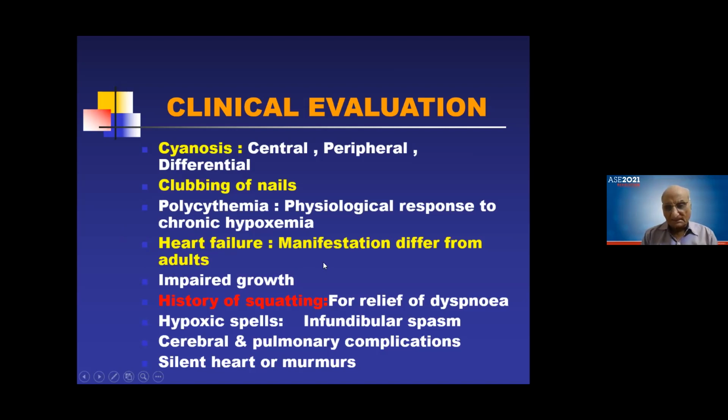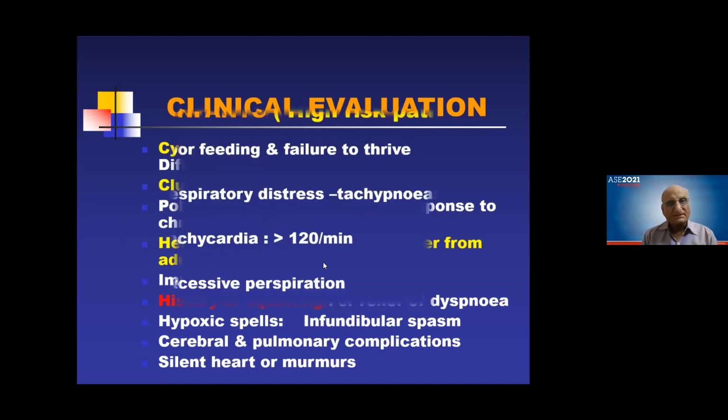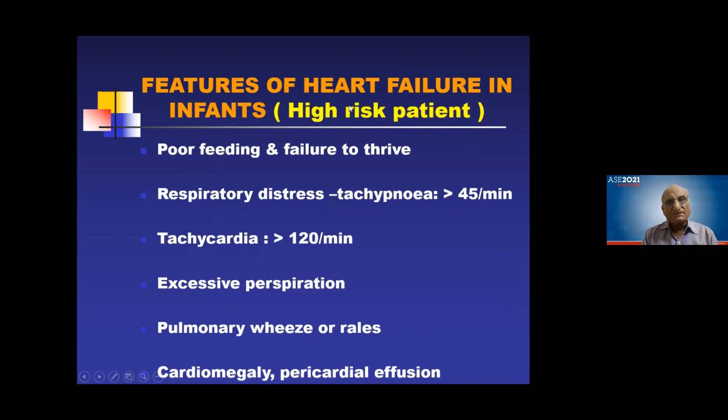For example, features of heart failure in infants include poor feeding and failure to thrive, which is one indication that the patient has a significant cardiac lesion. Respiratory distress with tachypnea more than about 45, and unexplained tachycardia more than about 120.